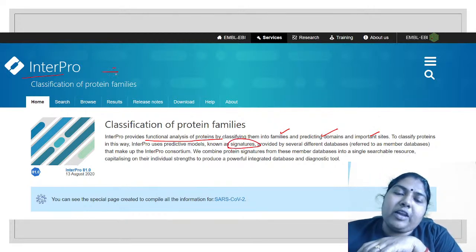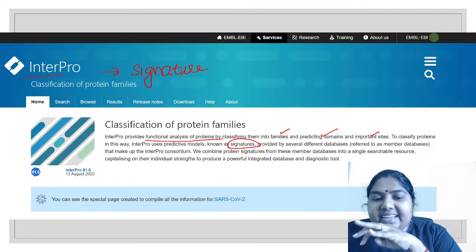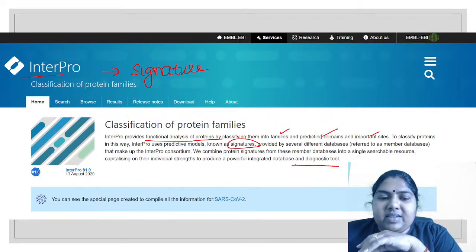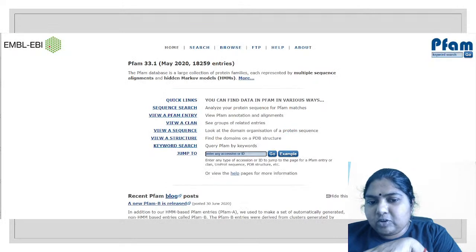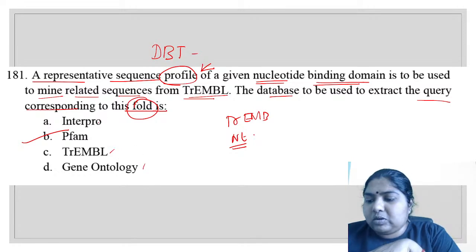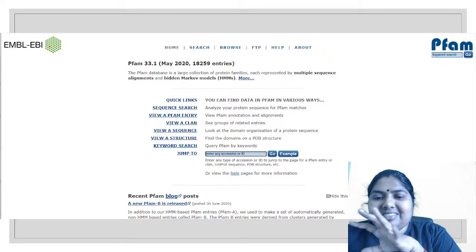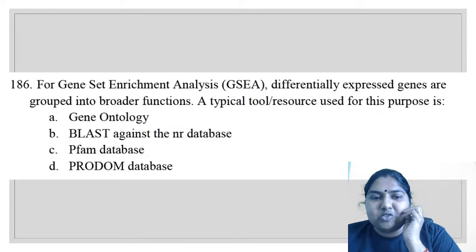This Interpro fellow is called a signature database. It is a very important fellow. Understood? So Interpro is now clear. The answer is PFAM. You know what TREMBL and gene ontology are, but Interpro was new, no? So I just thought of telling you what Interpro is. Gene ontology is a resource tool.